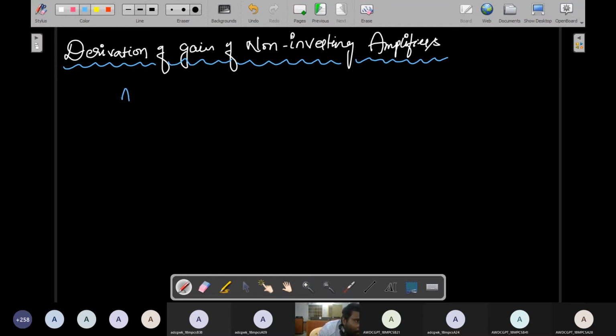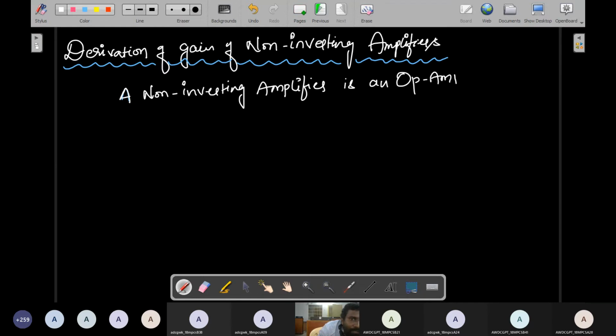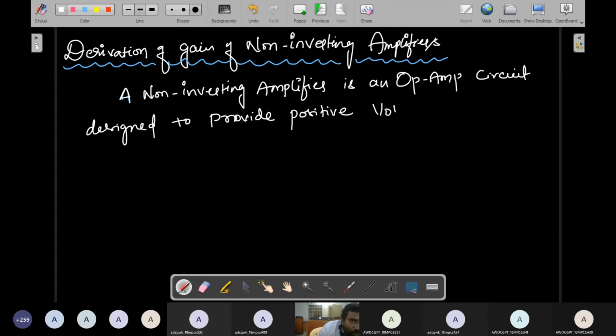A non-inverting amplifier is an op-amp circuit designed to provide positive voltage gain.